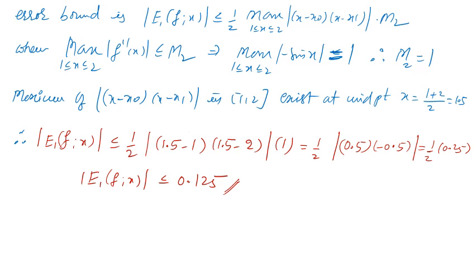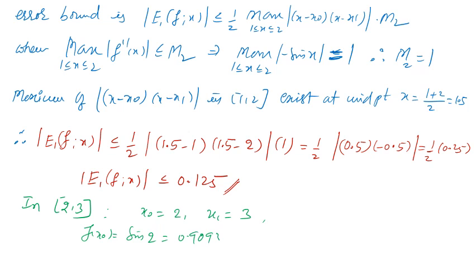And now the second interval, [2, 3]. In the interval [2, 3], x0 is 2 and x1 is 3. So f(x0) is sin 2, which is 0.9093, and f(x1) is sin 3, which is 0.1411.